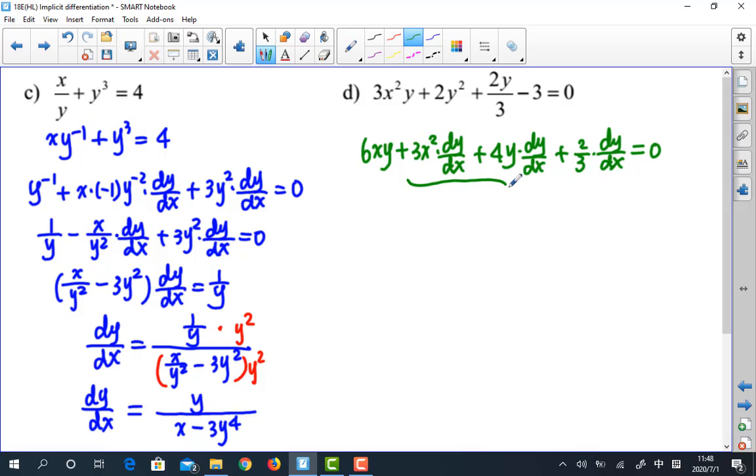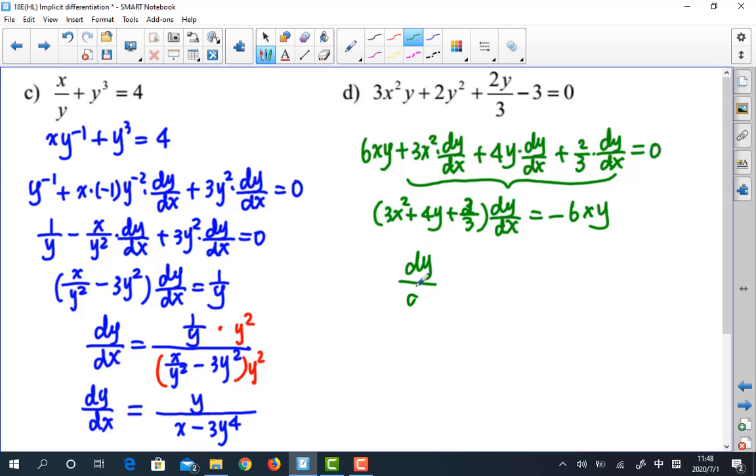So combine those three like terms. It should be 3x squared plus 4y plus 2/3, times dy over dx, equals -6xy. Then divide both sides by this one. So it should be -6xy over 3x squared plus 4y plus 2/3.